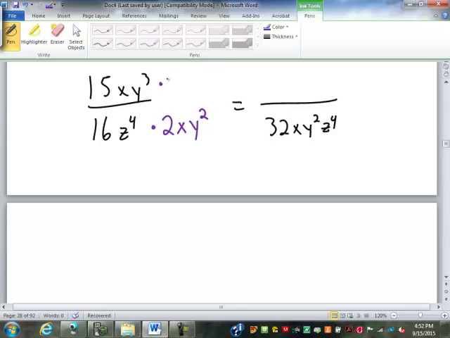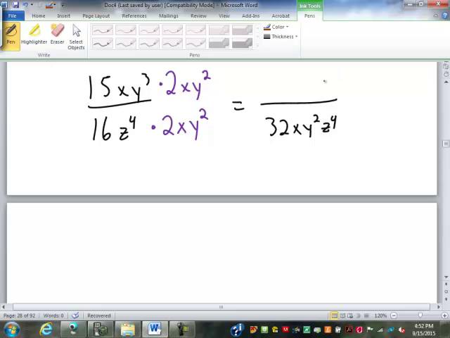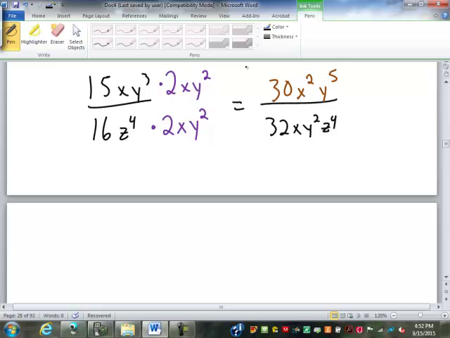So now on top, we have to multiply by 2x y squared, which is going to give us, perfect, 15 times 2 is 30. X times x is x squared. Y to the third times y squared is y to the fifth. So 30x squared y to the fifth over 32x y squared z to the fourth. Any questions?